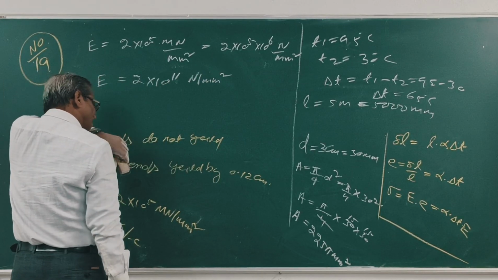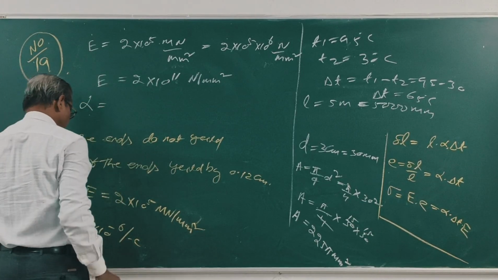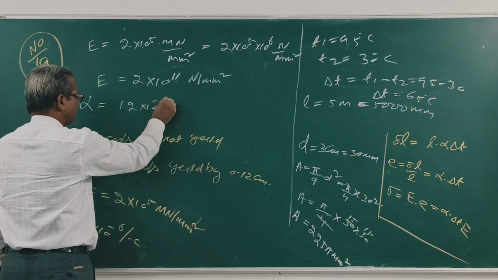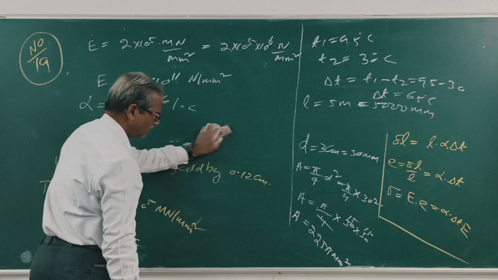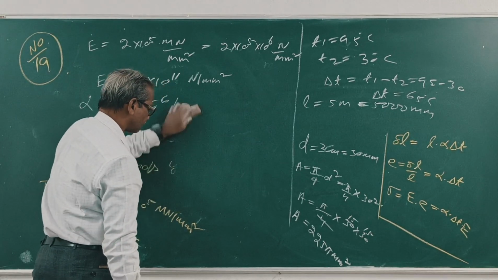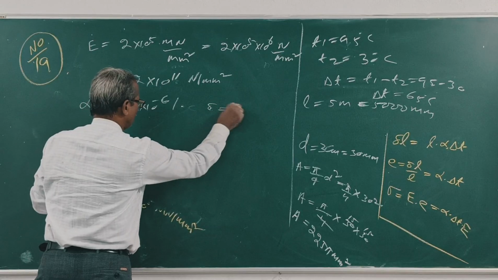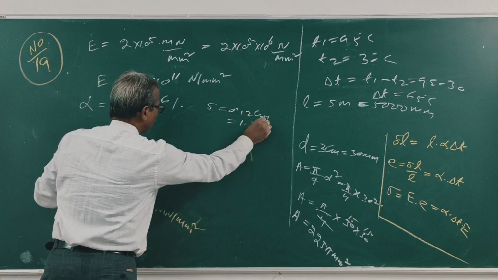Next, alpha. What is alpha? Alpha is equal to 12 into 10 to the minus 6 per degree centigrade. Clear? And when yielding, delta is equal to 0.12 cm, that is 1.2 mm.